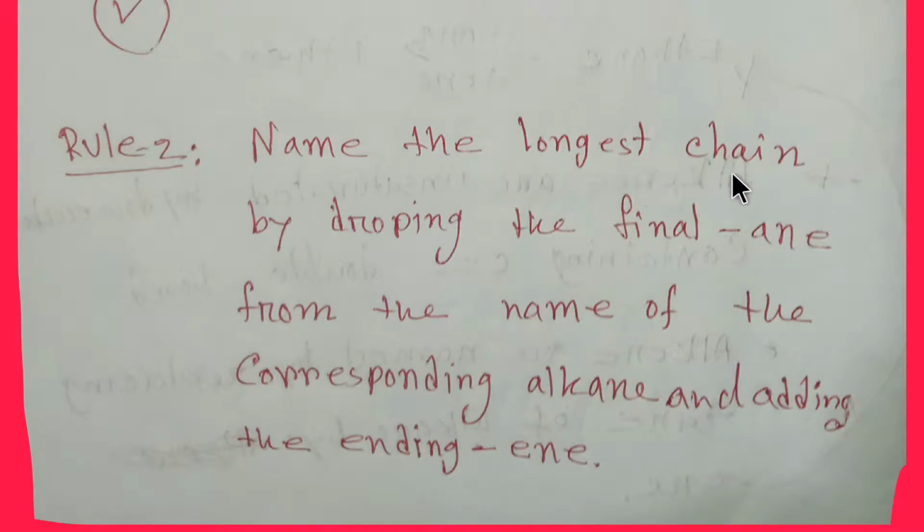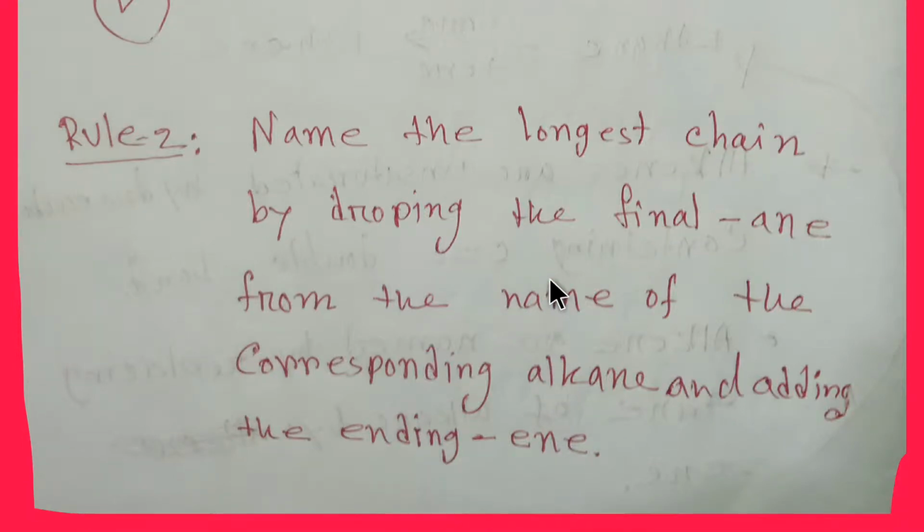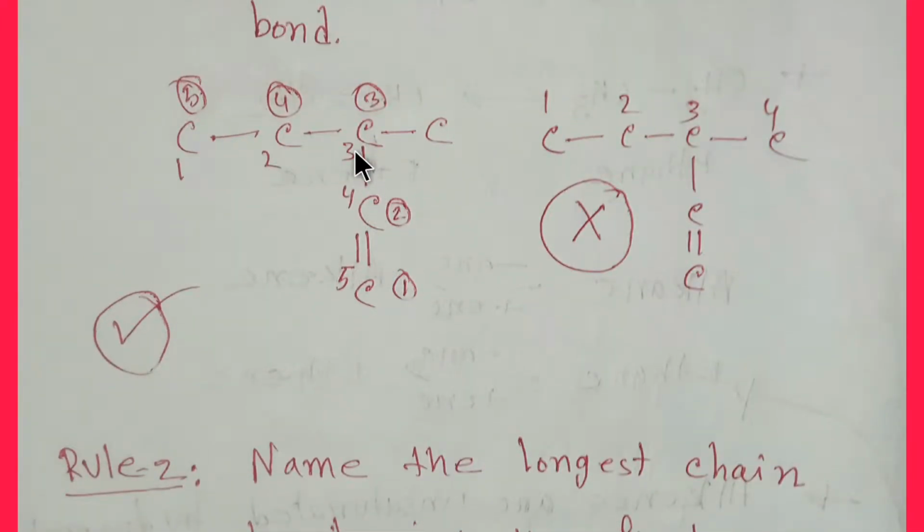Name the longest chain by dropping the final ane from the name of the corresponding alkane and adding the ending ene. If you consider this as an alkane, it is pentane, and since this is an alkene, we deduct ane from pentane and use ene, so we get pentene.